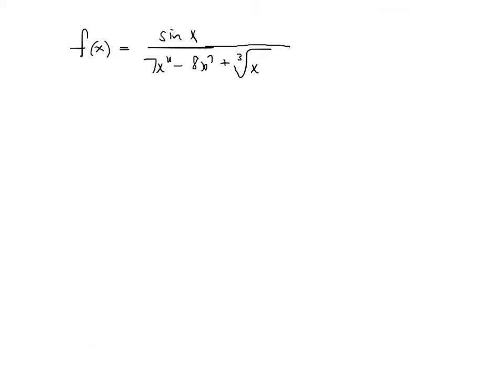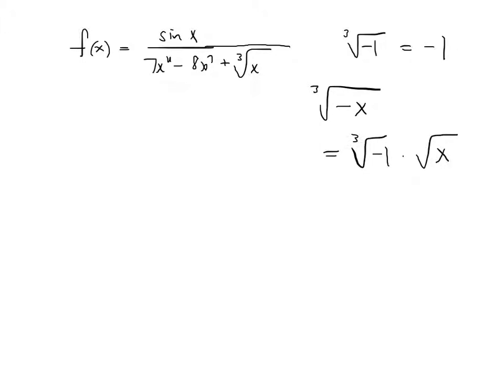Next one. Okay. Here, again, let's plug it in. But before I do that, the cube root of negative 1 is negative 1. So the cube root of negative x is the cube root of negative 1 times the cube root of x, which is negative 1 times cube root of x.